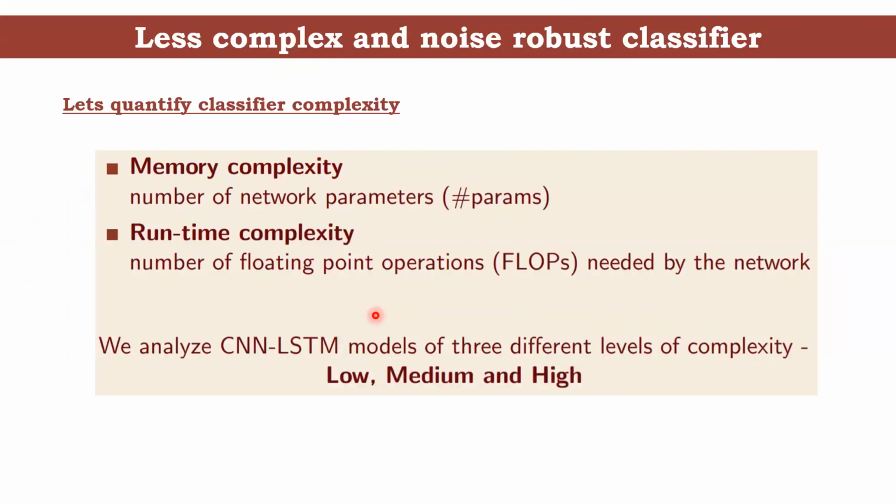First of all, how do we quantify the complexity of the classifier? Using memory complexity, meaning model size, and runtime complexity, the number of floating point operations, or FLOPs, recorded by the network. We tune the number of layers, number of weights, all of that, to make sure that we have three categories of network: low complexity, medium complexity, and high complexity.